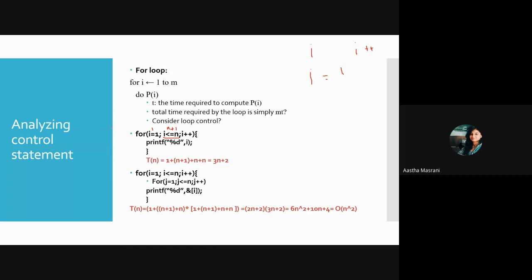Consider for this example n is equal to 10. So when n is equal to 10, 1 is less than or equal to 10. So i will be incremented and the printf statement will be called. So how many times will i run? The same number of times the printf statement will run.